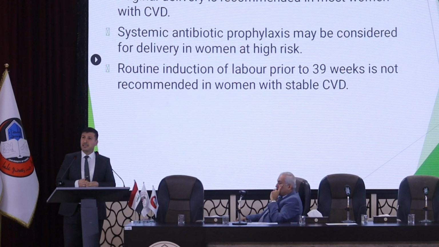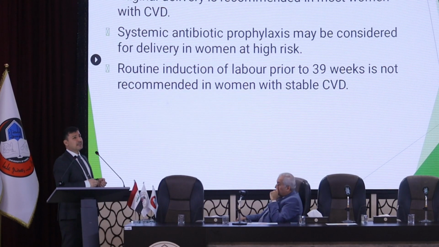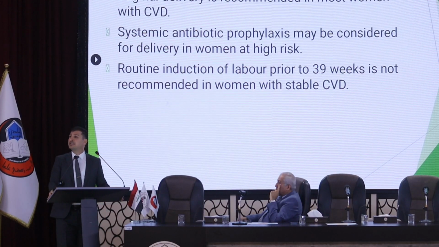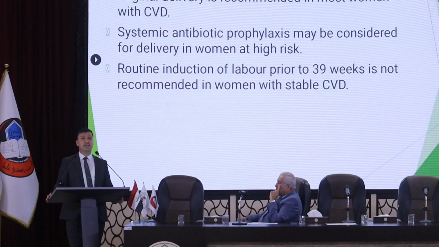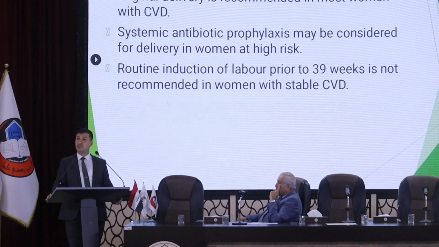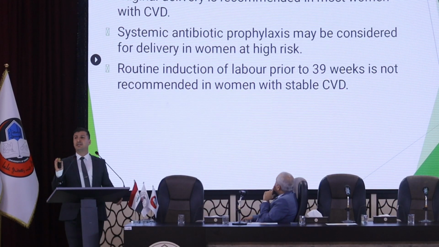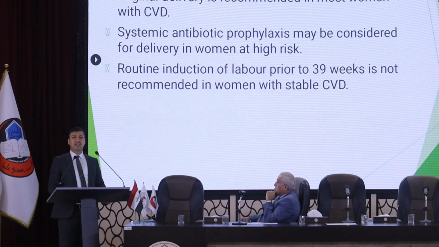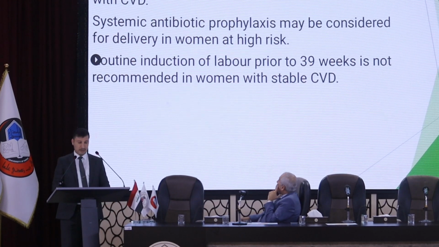Again, in general, timing and mode of delivery. Normal vaginal delivery is the usual and preferred mode and is recommended in most pregnant ladies with stable cardiovascular disease. What about systemic antibiotic prophylaxis?